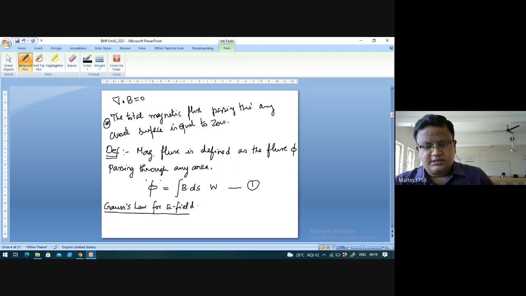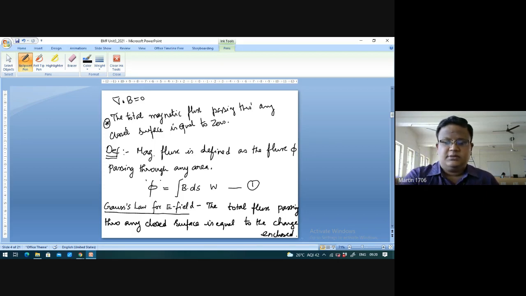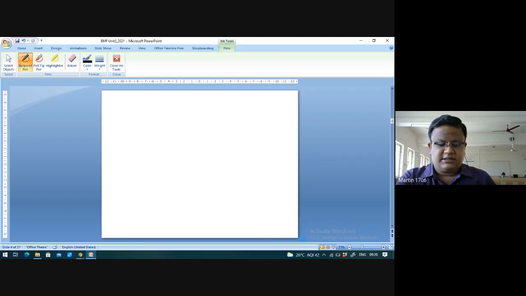Anyway, I will write the statement that the total flux passing through any closed surface is equal to the charge enclosed. So this is called the Gauss law for the electric field.